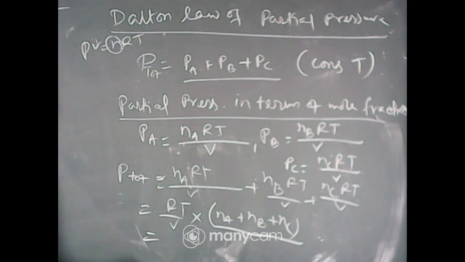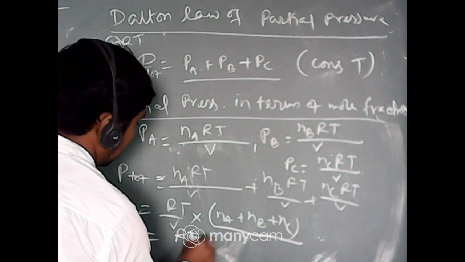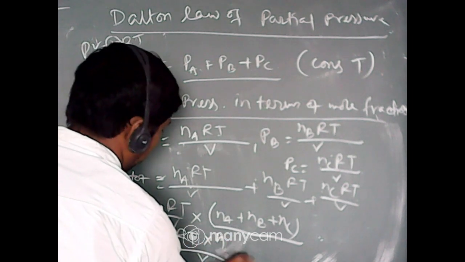This is the total number of moles. So, RT into N by V.